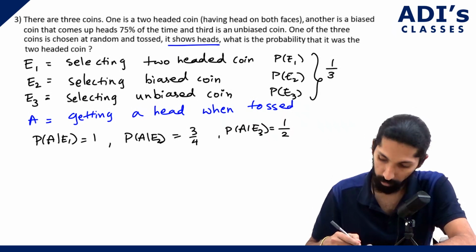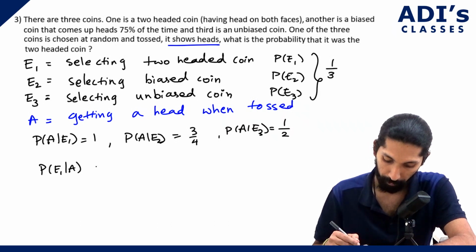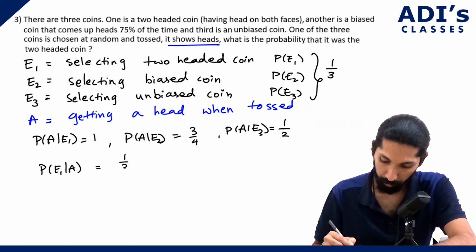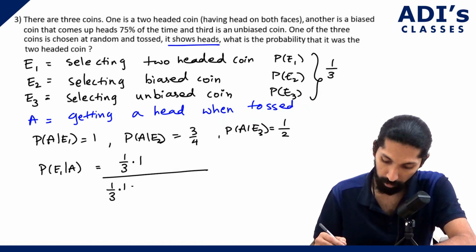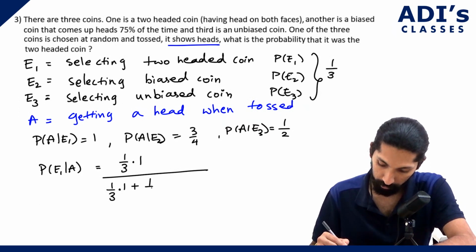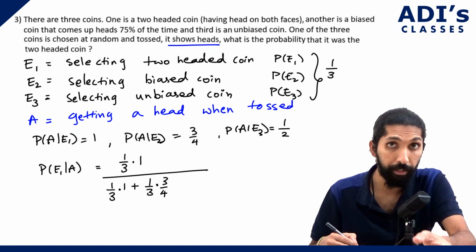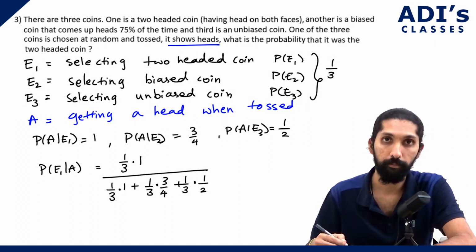So, two-headed coin, again, we have P of E1 given A. So, P of E1, which is 1 by 3 into 1 divided by 1 by 3 into 1 plus 1 by 3 into 3 by 4, correct? P of A given E2, plus 1 by 3 into 1 by 2. Make sense?